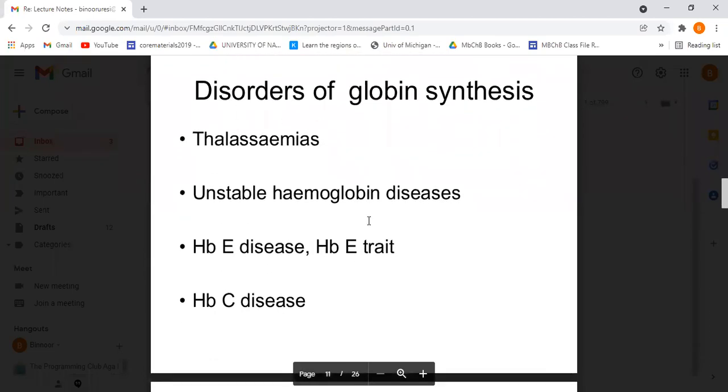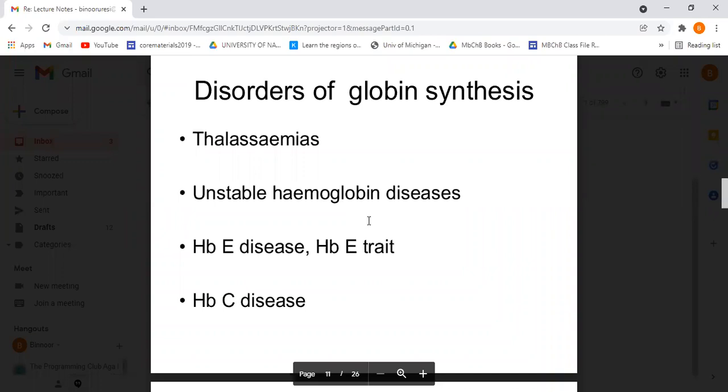So that was disorders due to lack of iron. So now disorders of globin synthesis. So globin, as you know, is basically a protein which forms part of the hemoglobin, the chains that you find in the hemoglobin. So the disorders of globin synthesis can be, one, due to thalassemia. We know thalassemia is a condition where you either lack or have reduced production of the globin chains.